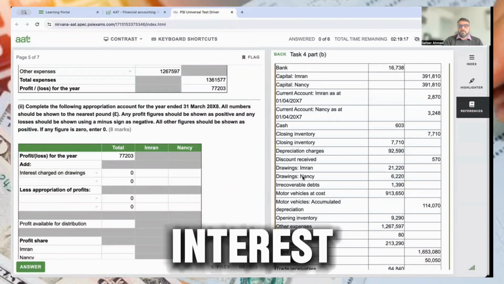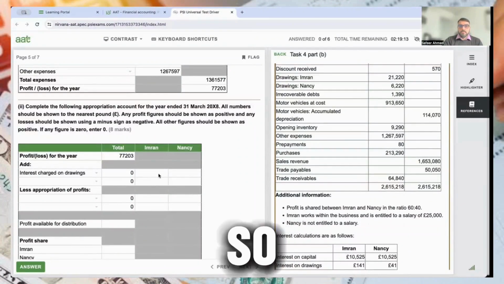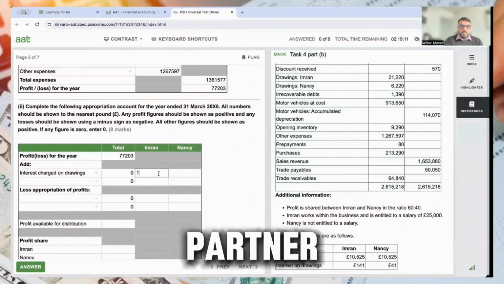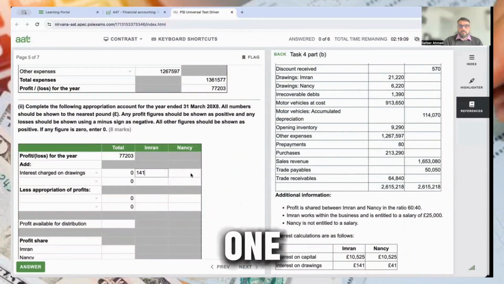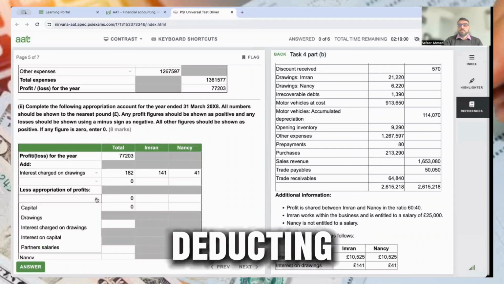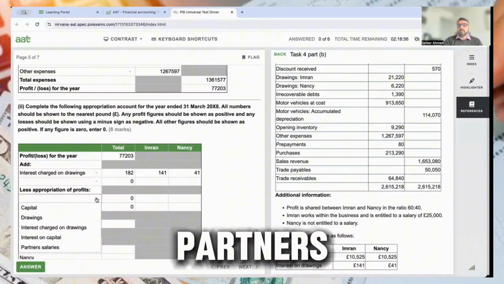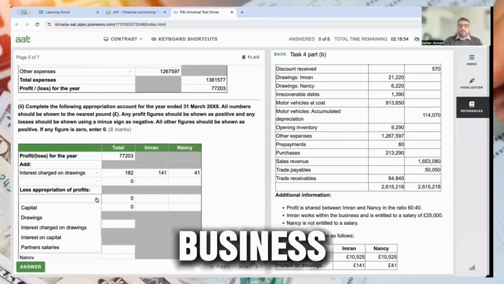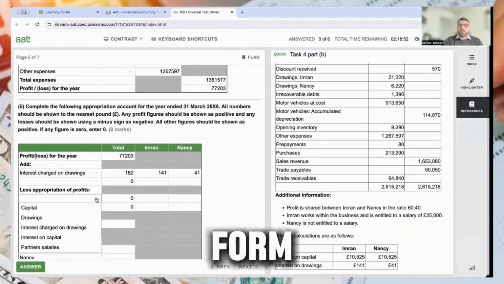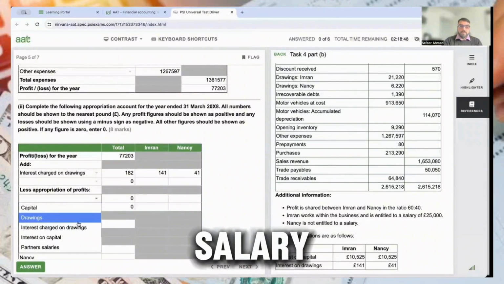So interest on drawings is given to you here. So as you can see, for the first partner is 141, and for the second partner is 41. And then we'll be deducting any other appropriation of profit, the profit that partners have taken out of the business, perhaps in the form of interest on capital or perhaps as a salary.